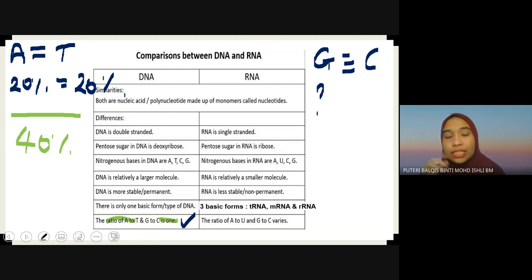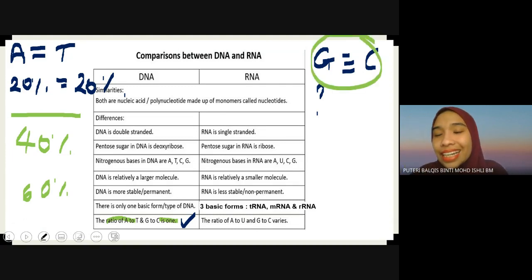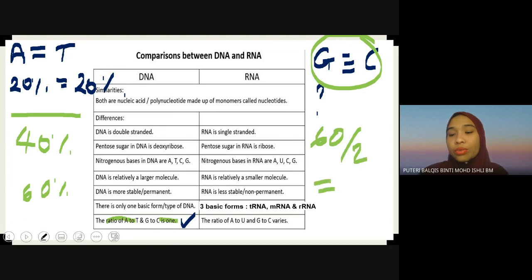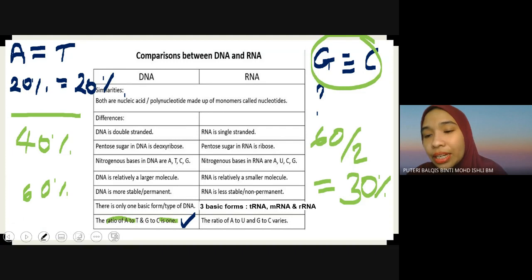Okay. 100 tolak 40, kita dah tinggallah 60. 60% ni adalah total untuk G dengan C. Okay. Sekarang berapakah nilai G? Of course lah nilai G kita dapat 60 bahagi dengan 2. 30. Kenapa saya kena bahagikan dengan 2?